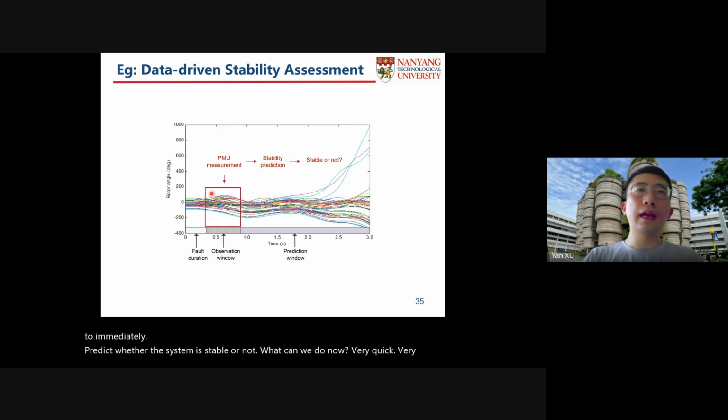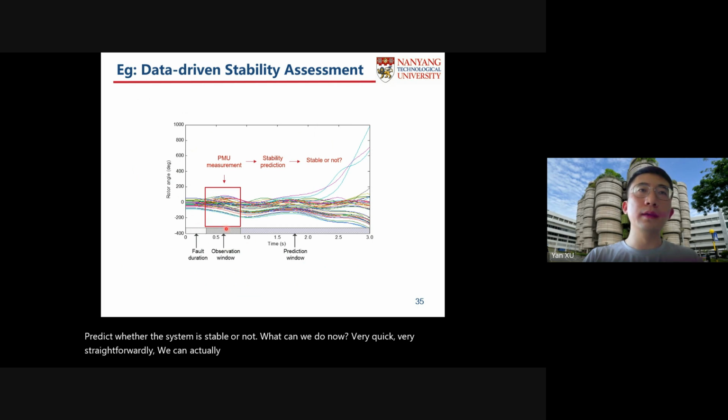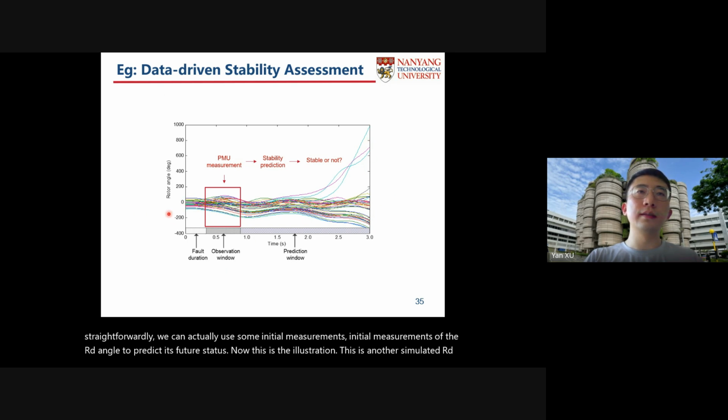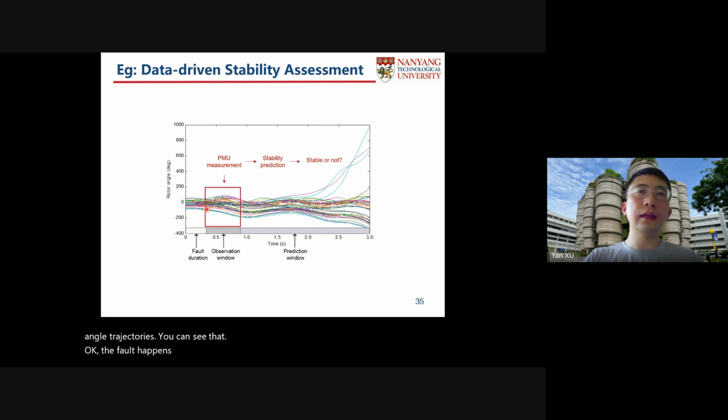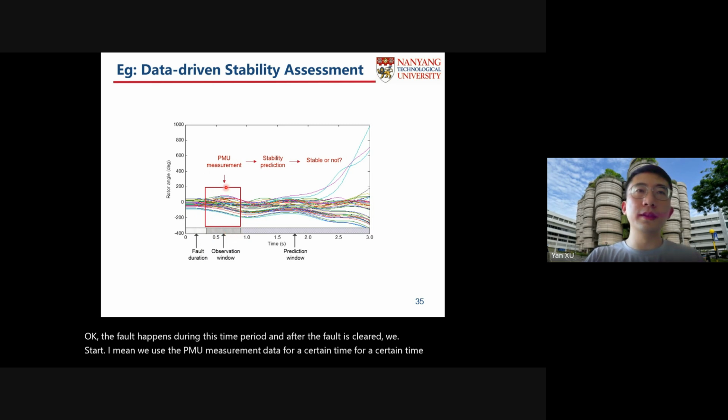Very straightforwardly, we can use some initial measurements of the rotor angle to predict its future status. This is the illustration. This is another simulated set of rotor angle trajectories. You can see that the fault happens during this time period. And after the fault is cleared, we use the PMU measurement data for a certain time window. This is called the observation window.